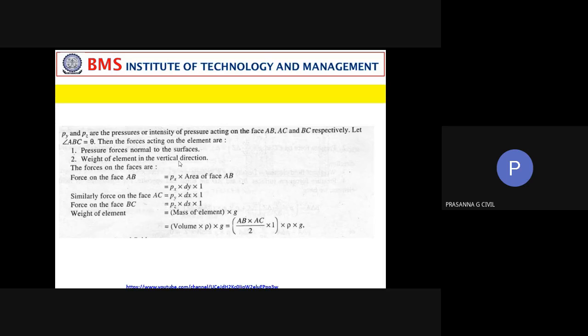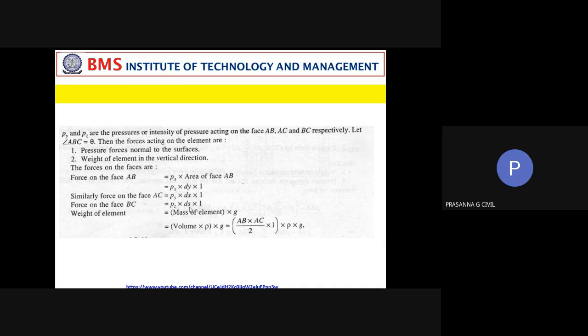The force on the face AB is Px into dy into 1. Similarly for AC, it is Py into dx into 1. Similarly for the hypotenuse face, it is Pz into ds into 1. What about the second force, the weight of the element?